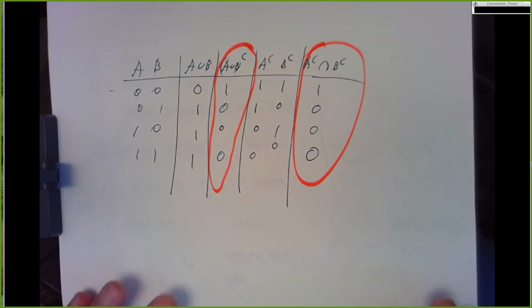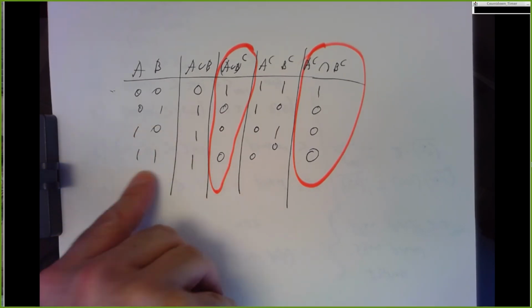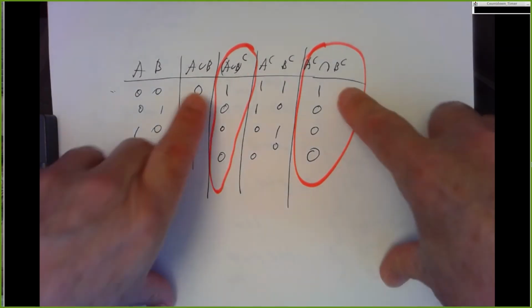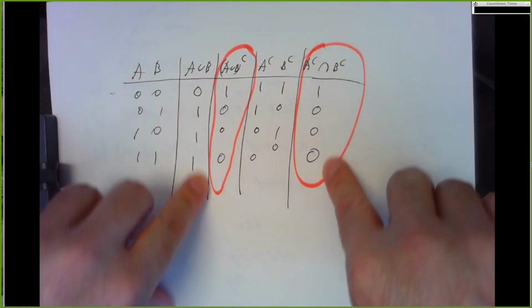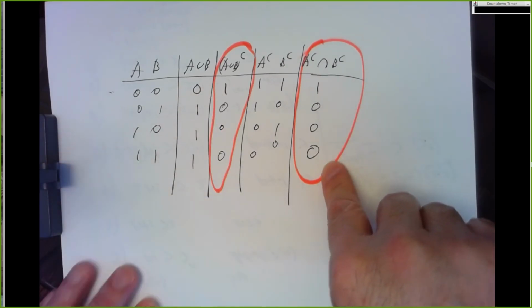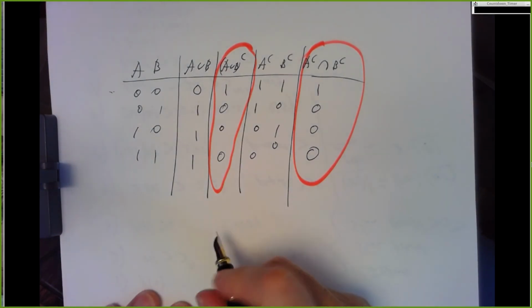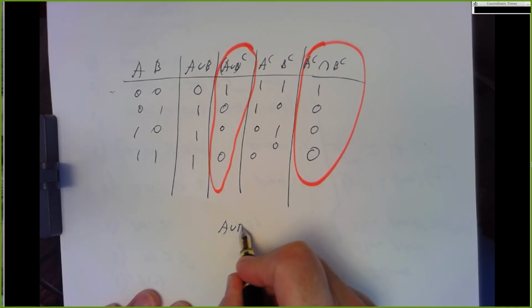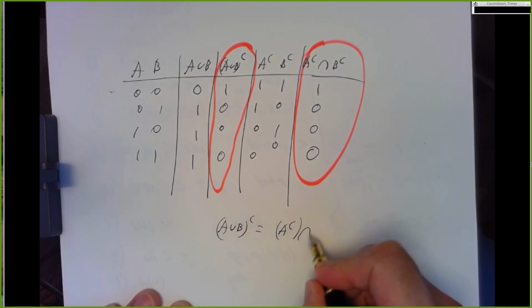Any element in the universe that we think of, whether it belongs to B or A or both or neither, its membership in this set is exactly the same as its membership in this set. So the fact that these two rows are the same in all positions tells us that these sets are exactly the same. So that's enough to prove that this is true.